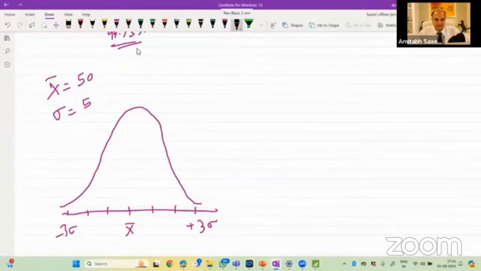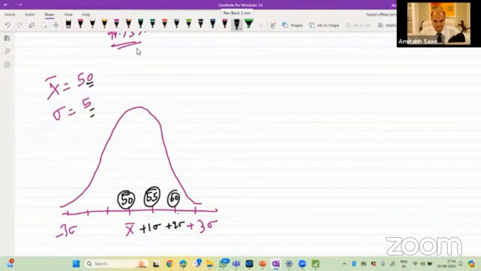So let us try to guess those values. This is 50. 1 standard deviation, 2 standard deviation, and 3 standard deviation. 1 standard deviation will be 50 plus 5, which is 55. 2 standard deviation will be 50 plus 2 times 5, which is 60.